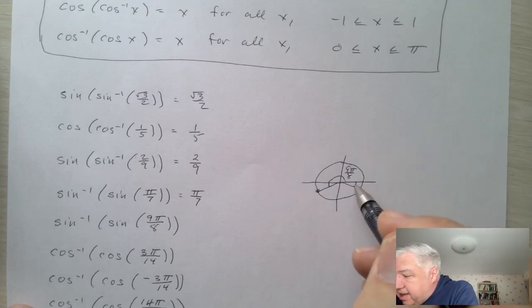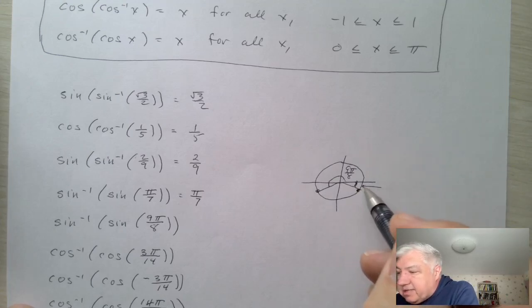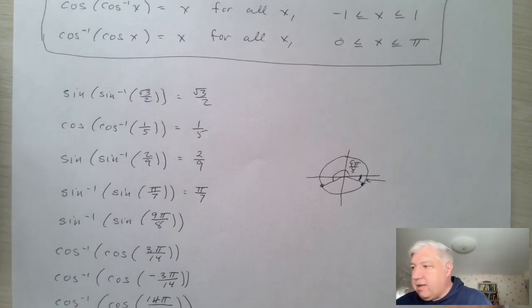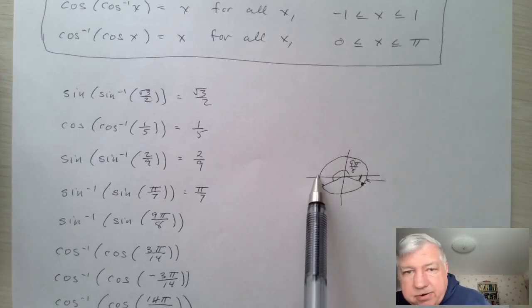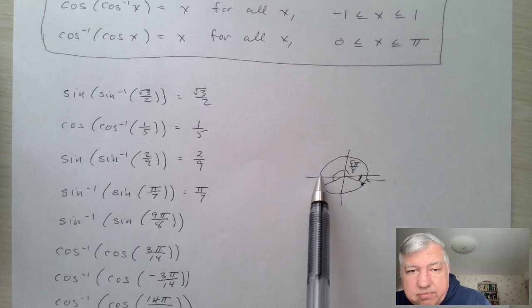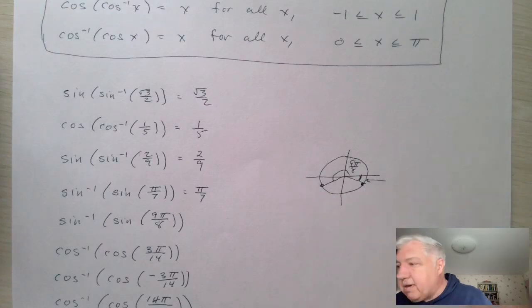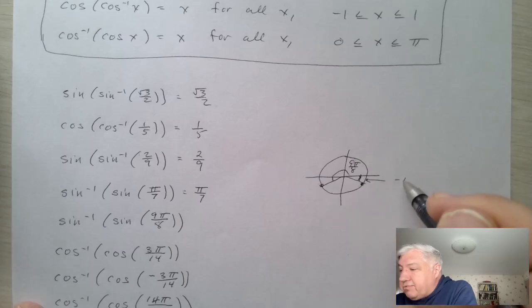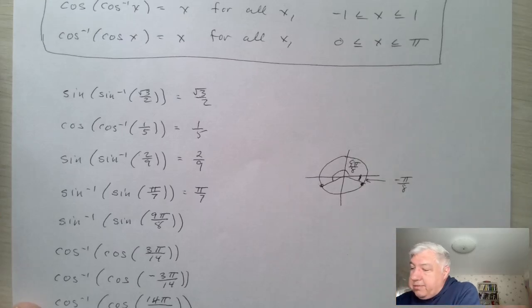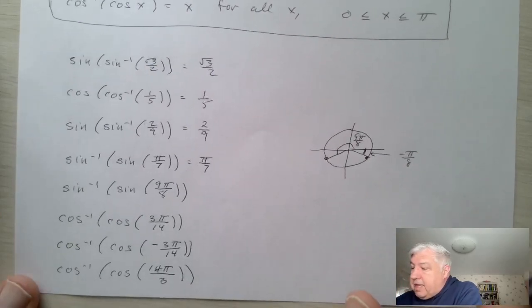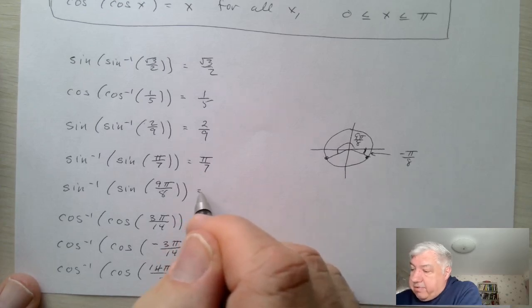So actually, the inverse sine that we're looking for is this angle. From here to here is pi, and from here to here we're going in this direction pi/8 units, but we're going in the opposite direction, so this is minus pi/8. So this is actually going to be negative pi/8.